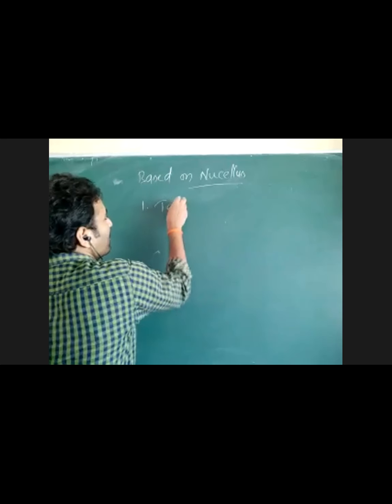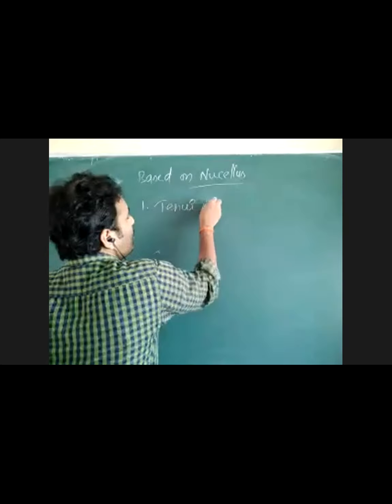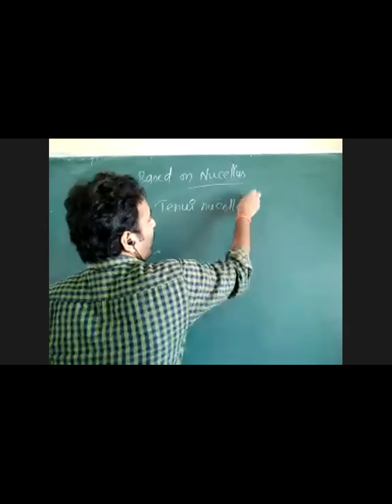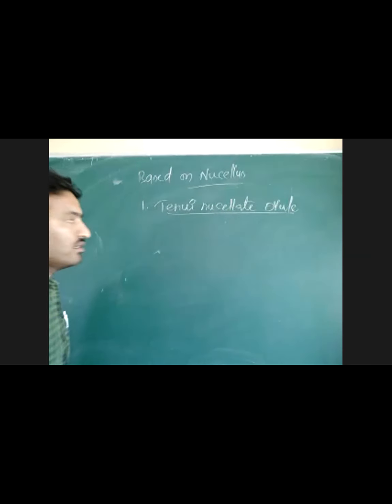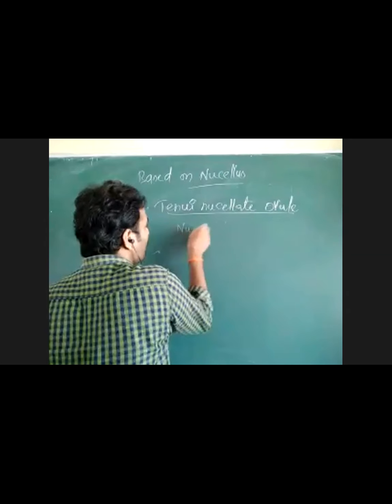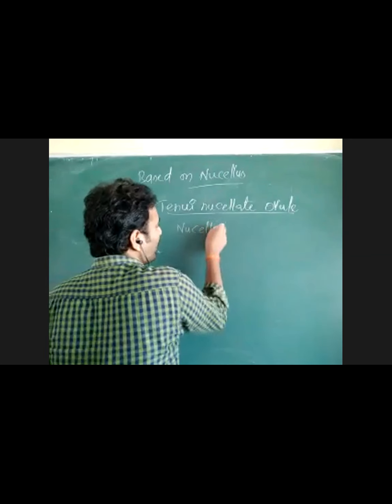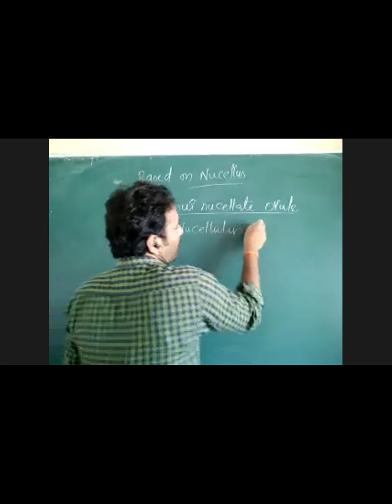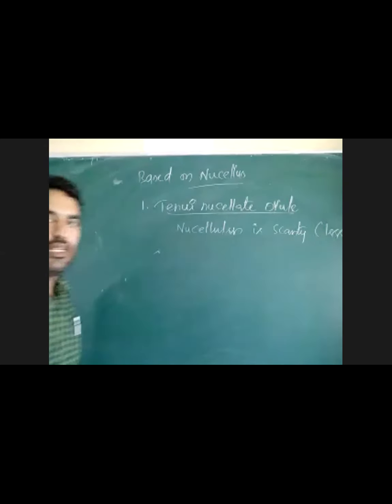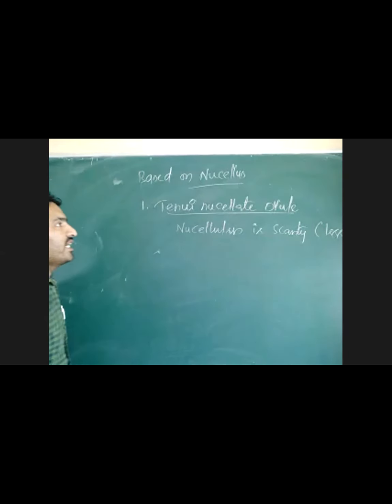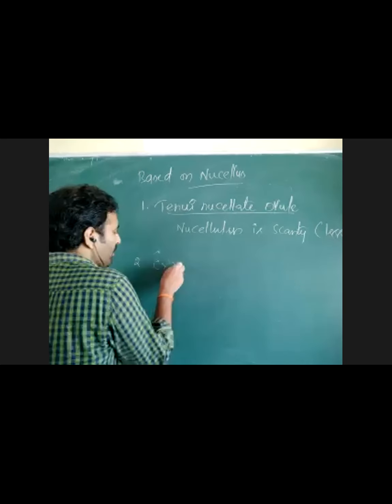One is the tenuinucellate ovule. A tenuinucellate ovule is a type of ovule where the nucellus is scanty. Scanty means there is a less amount of nucellus. That is called a tenuinucellate ovule.